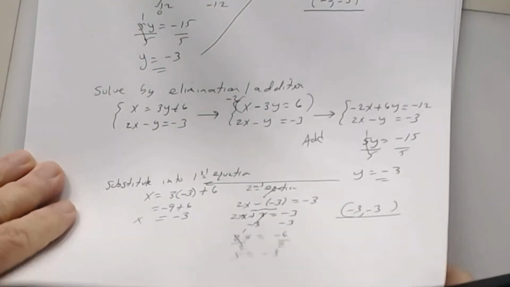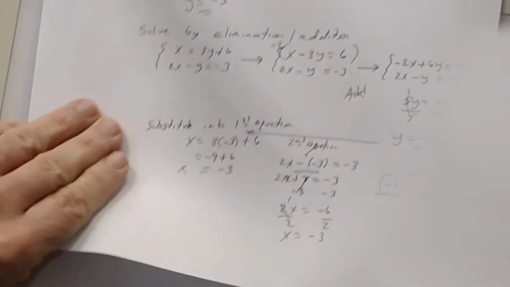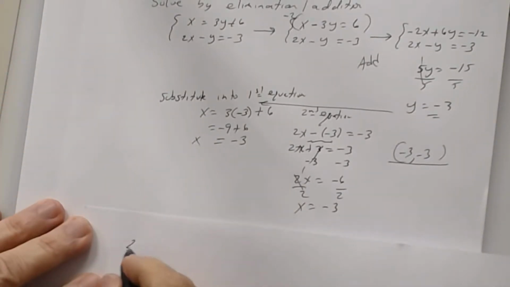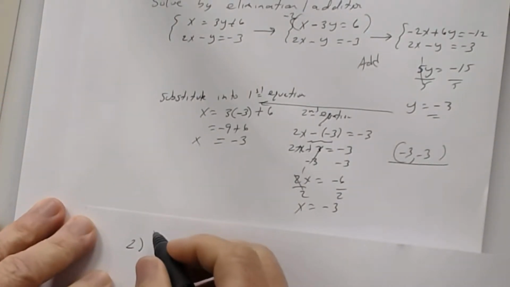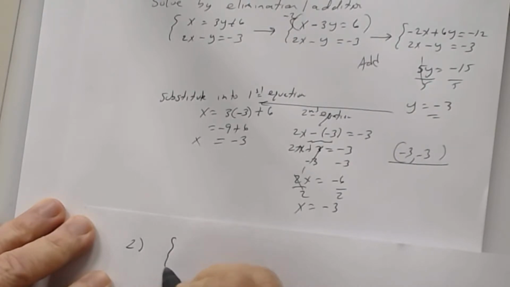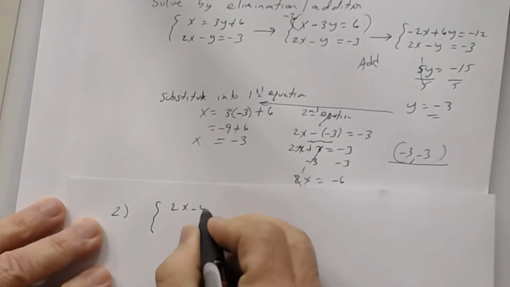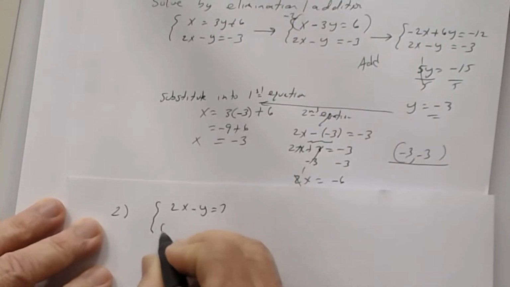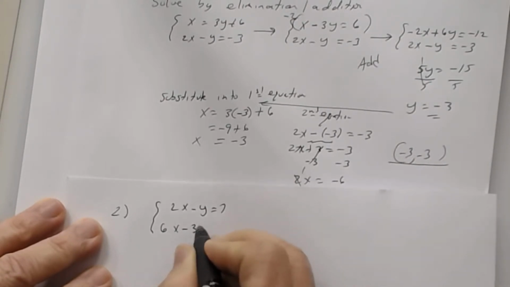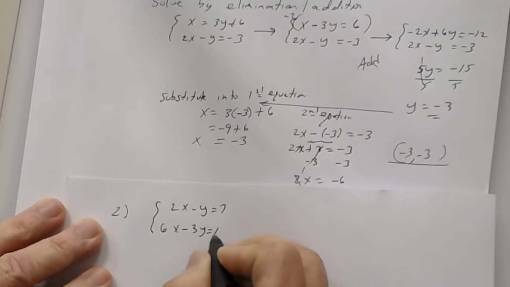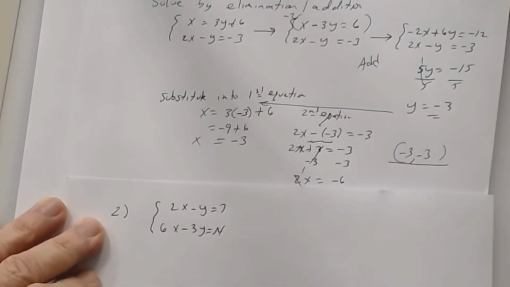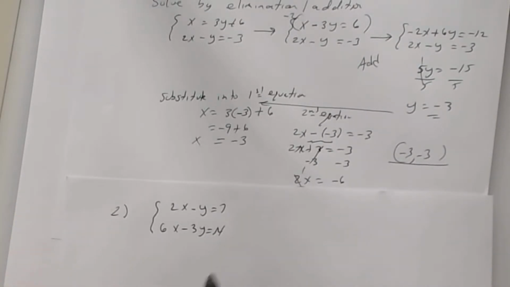If you had this one, number 2, let's say you had 2x minus y equals 7, and then 6x minus 3y equal 14. And let's just go ahead. That's a 14 right there.